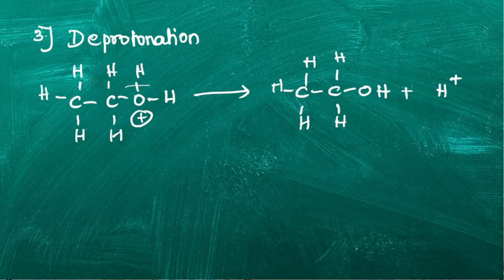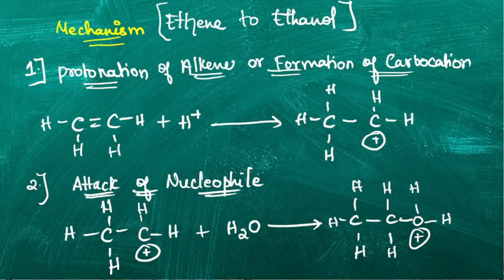Now it is completely satisfied, forming ethanol. So this is nothing but ethanol, right? This is the mechanism that we follow to form ethanol from ethene. What was the first step we followed? The first one is protonation of alkene, or formation of carbocation.